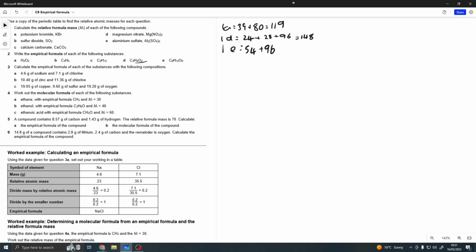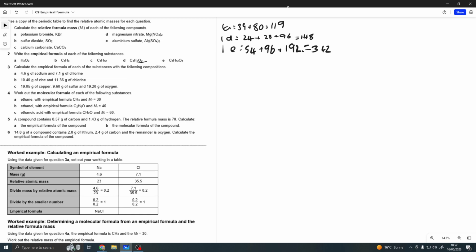And then we've got 4 times 3, 12 oxygens, so 12 times 16, which is 192. Okay, so we're going to add 96 and 54 to that to give us our MR there of 342.